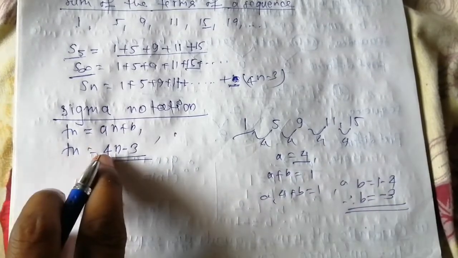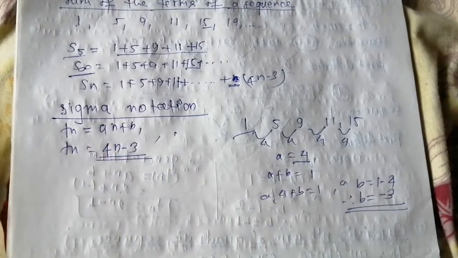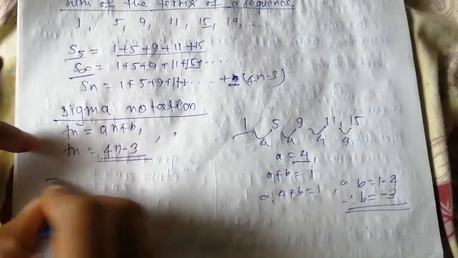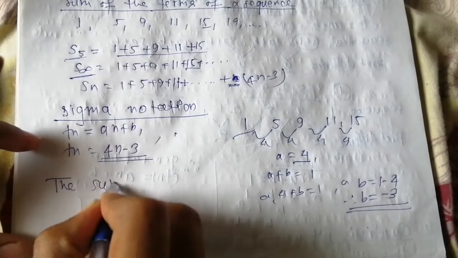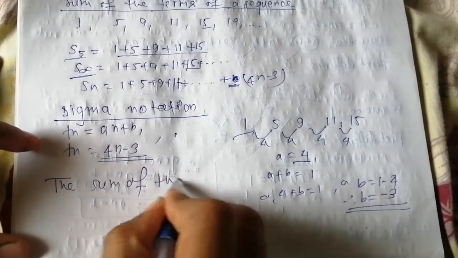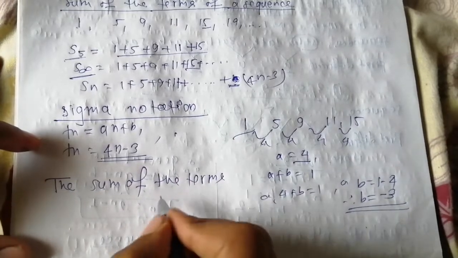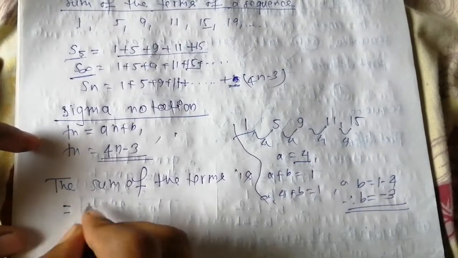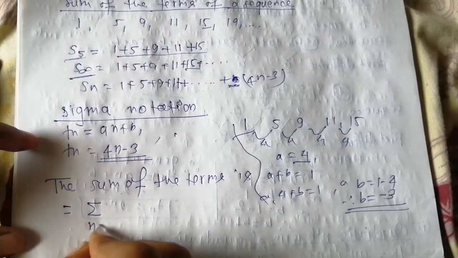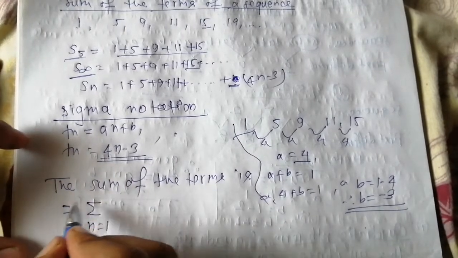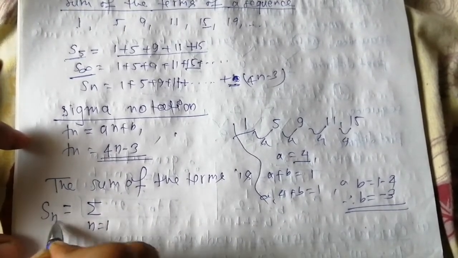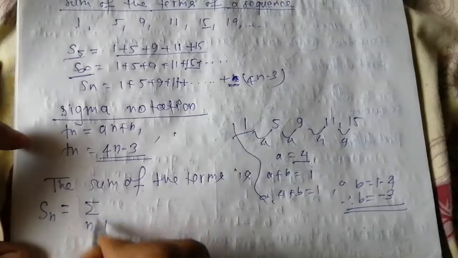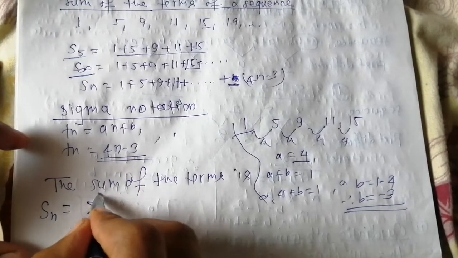So how will it be written as the sum of terms? The sum of terms is, sn is equal to the summation from n is equal to 1, and n goes up to, let's suppose, 5.